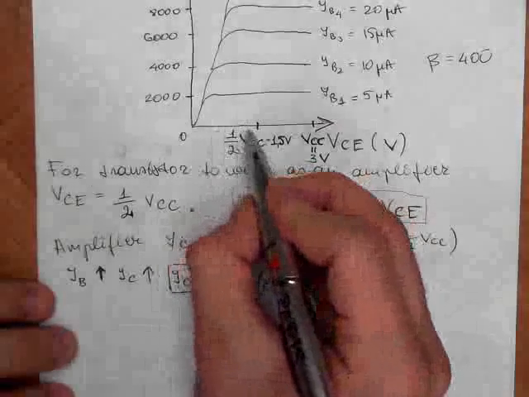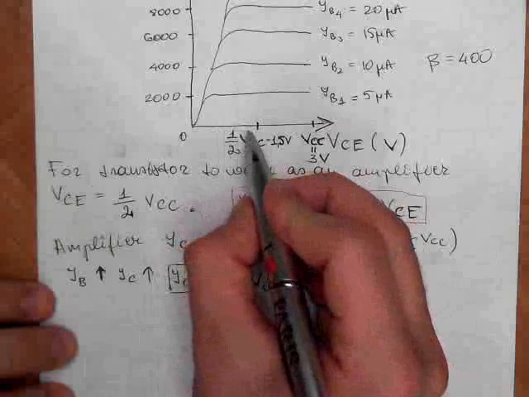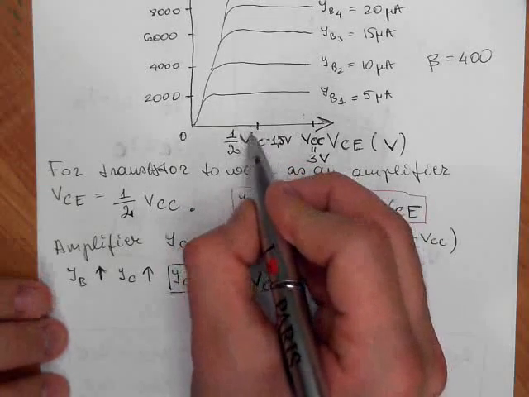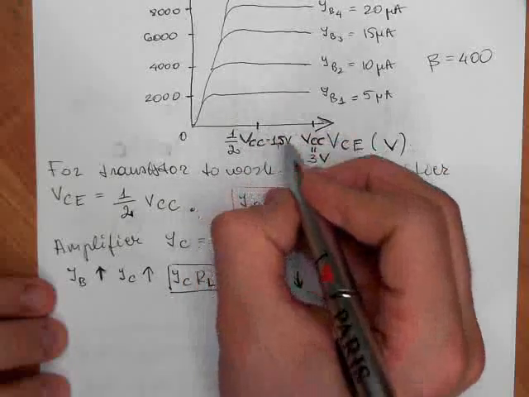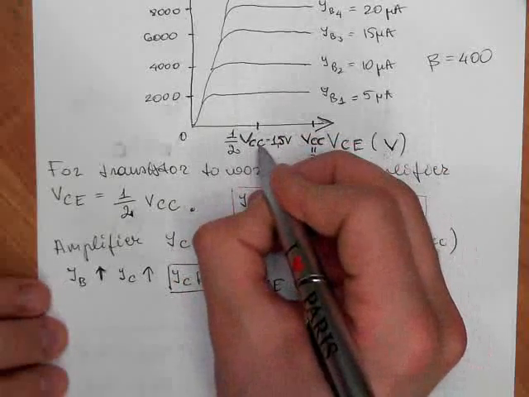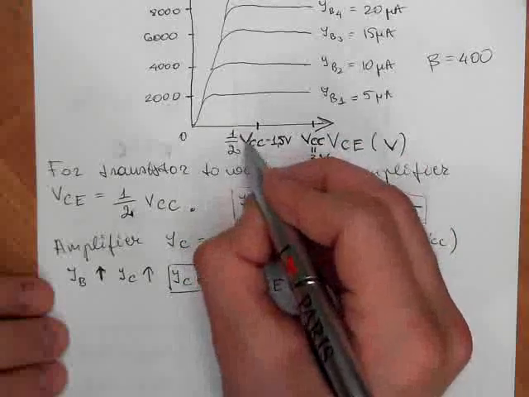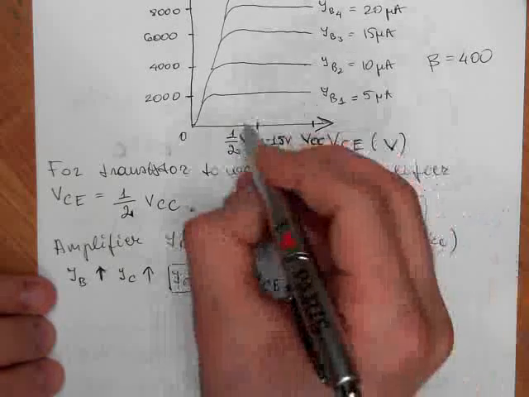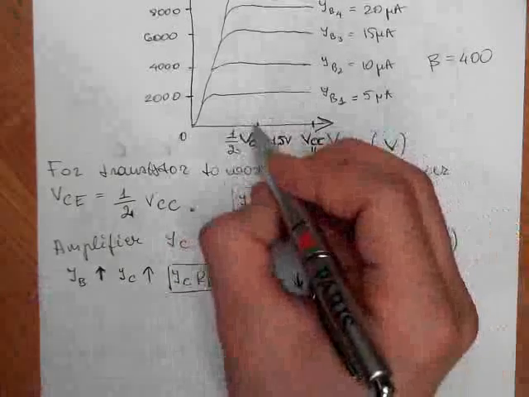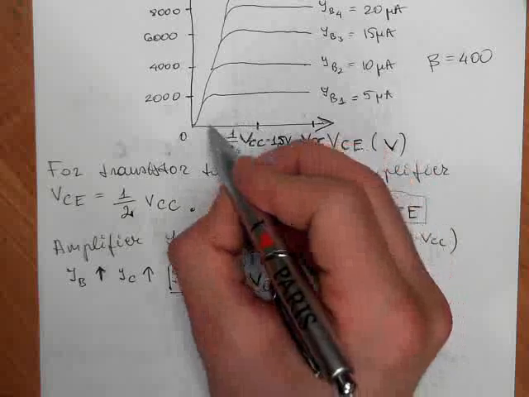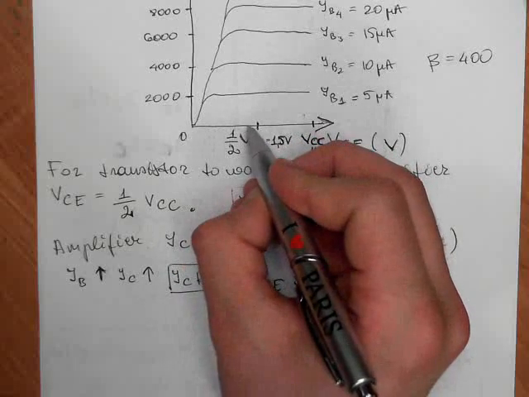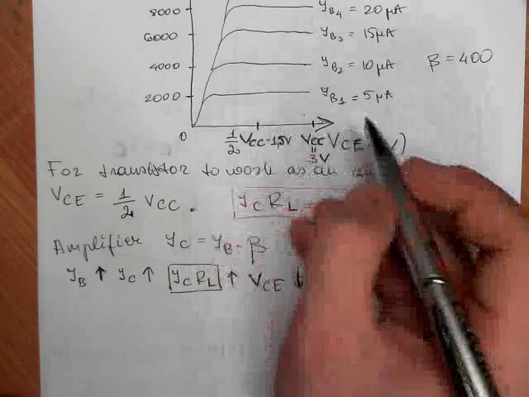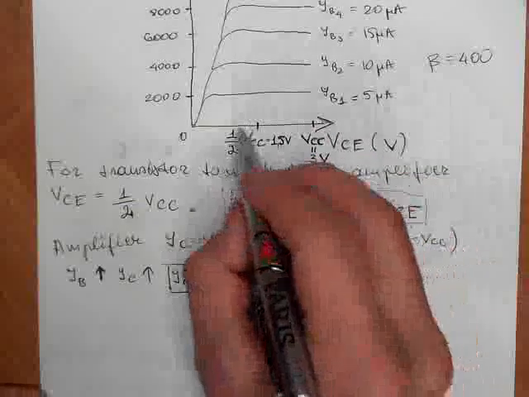So we need to preset VCE, the initial VCE, to be equal to a half VCC, in order to be possible to achieve high currents, because we need some remaining voltage to take from VCE to get those current increments.